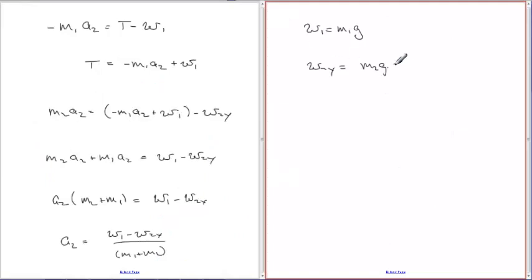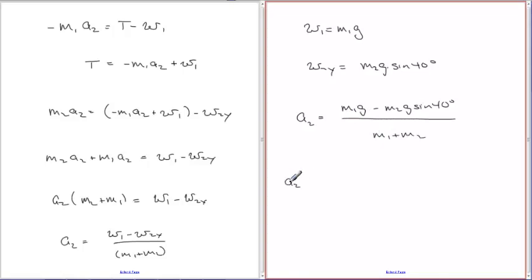So we multiply that by the sine of 40 degrees. So now if we plug it all back in, we get A2 is W1, which is M1G, minus M2G times the sine of 40 degrees, divided by M1 plus M2.